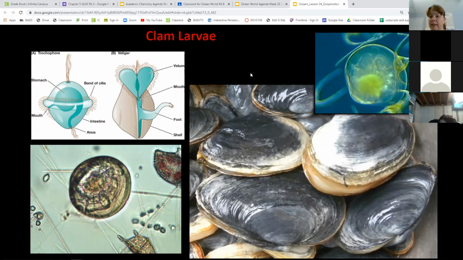Clams also release larvae that are free swimming. It's not until they form their calcium carbonate shells that they will settle to the bottom and live the rest of their adult lives there.